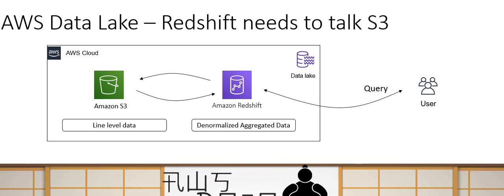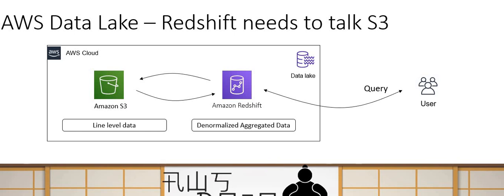That means your interface for the report is not split between S3 and Redshift. You just talk to Redshift, first get aggregated data, and when you want line level data, let Amazon Redshift talk to S3 to bring that data for you. So you talk only to Redshift, nothing else. Redshift is talking on your behalf to S3 to bring line level data.